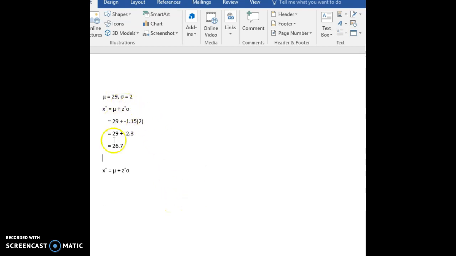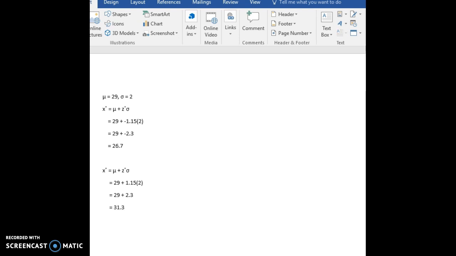Now, we're going to have to do this operation again because our Z star that we had on the right side of our picture is completely symmetric. So we're going to use positive 1.15 to find the other value. So our mean is 29 plus positive 1.15 times 2, which gives us 29 and positive 2.3, or 31.3.